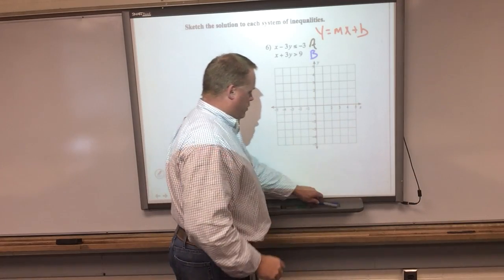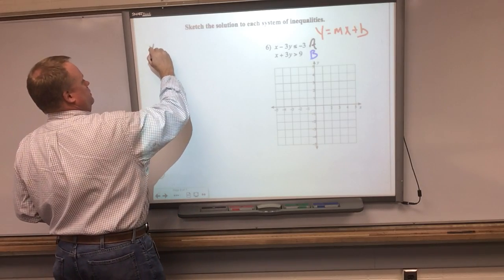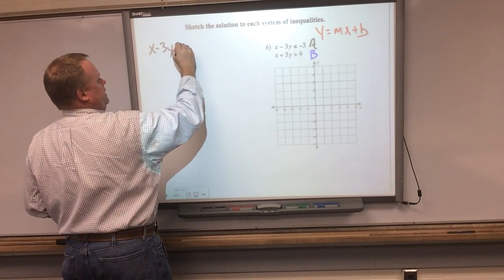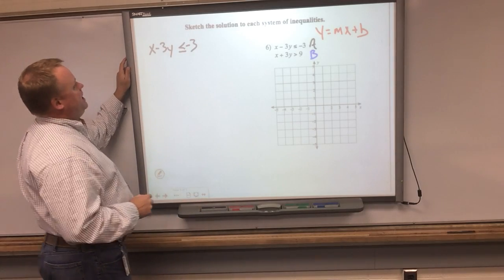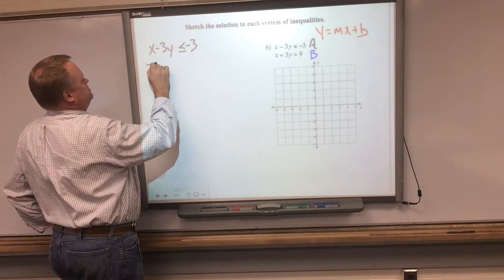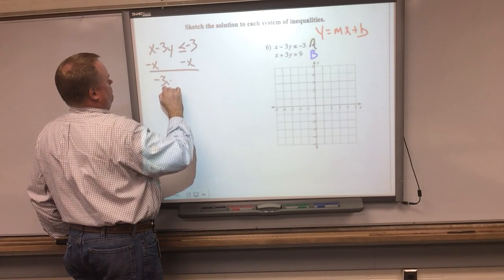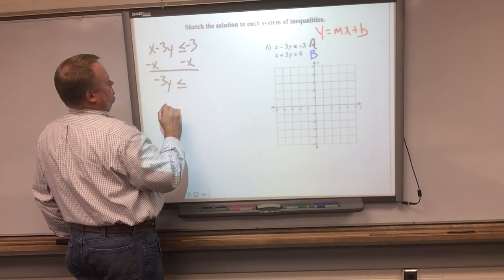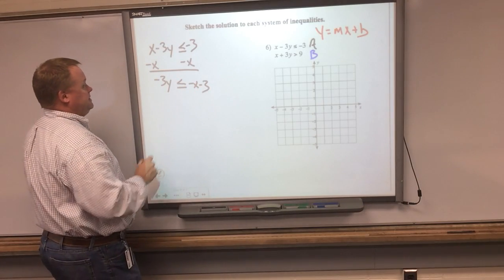And away we go. I need to move line A into slope-intercept form. So I'm going to take the x and move it to the other side, which means I need to subtract it. It gives me negative 3y less than or equal to negative x minus 3.